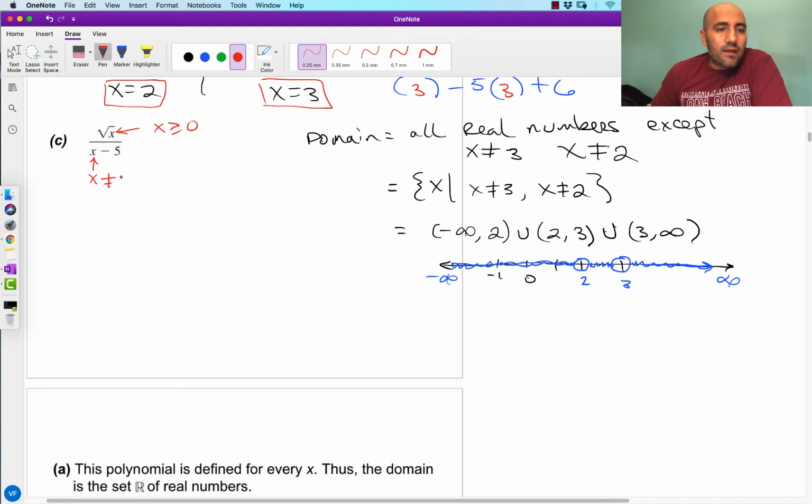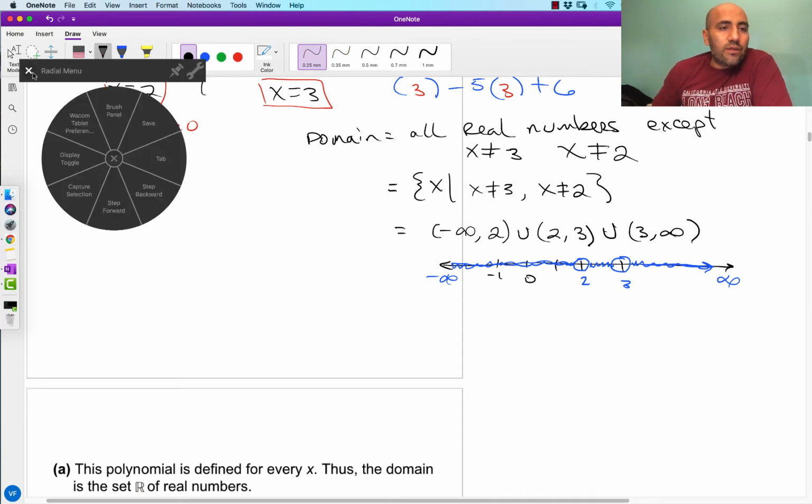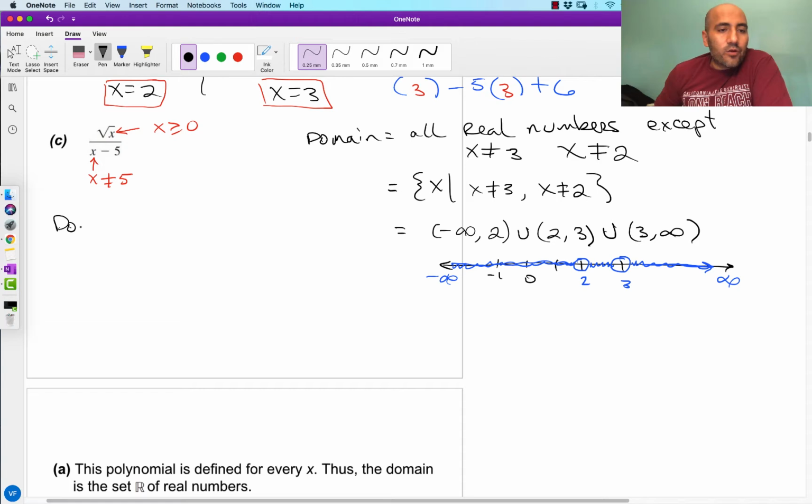X is not allowed to be equal to 5, because if we let x equal 5, we're going to have exactly that same problem. So we just kind of reason our way through it and end up with the following domain.